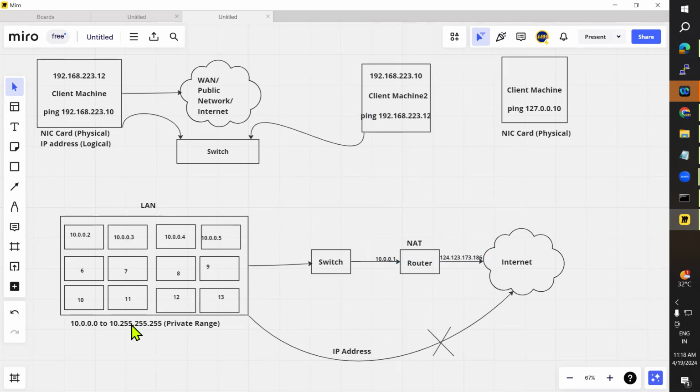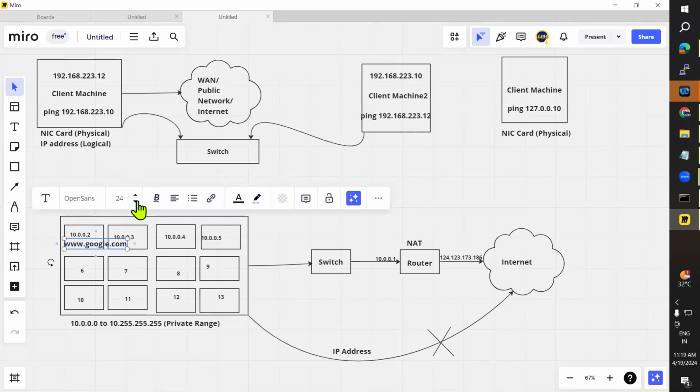See, so I assigned the private IP address range in all machines like this, and assigned 10.0.0.1 to the router, and there is a public IP address also. So if any machine browses google.com, let's say this machine browses www.google.com, what will happen?